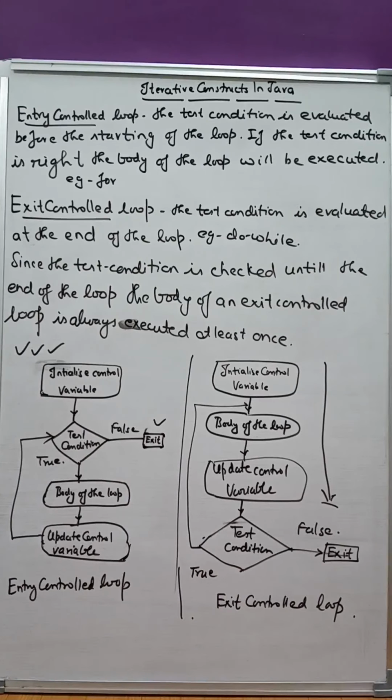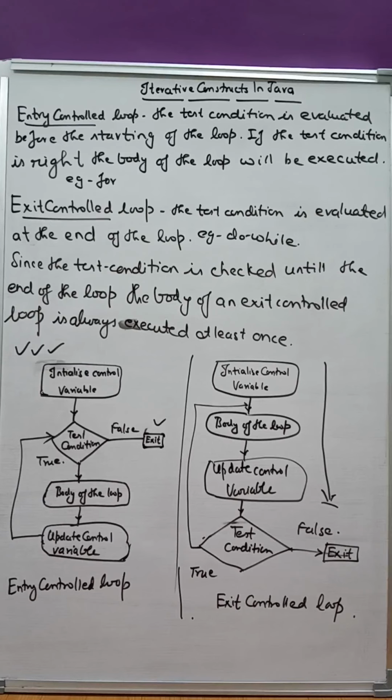So in this video we have discussed the different kinds of loops and how control variables are very important for us in the loop. Then we discussed the difference between the entry control loop and exit control loop.